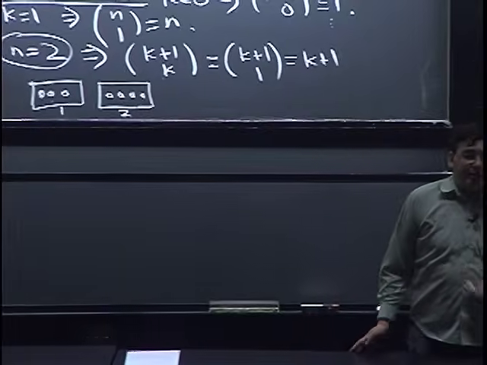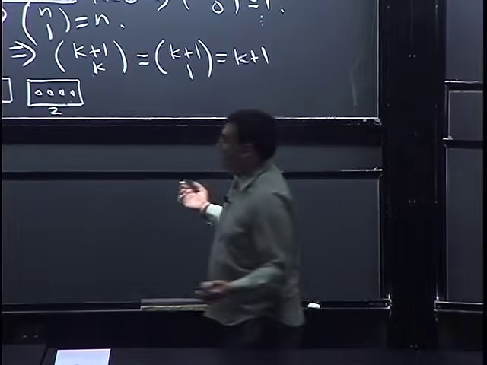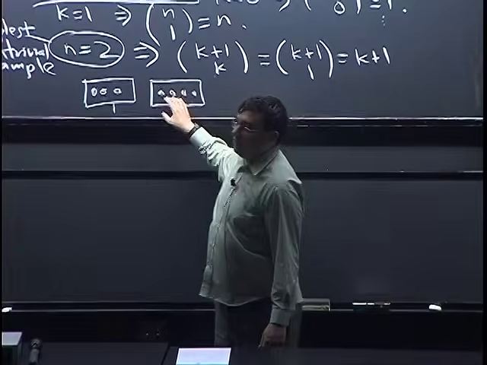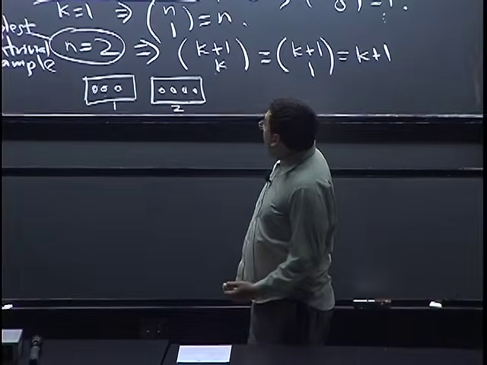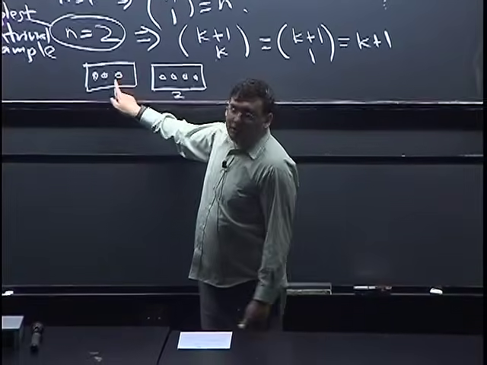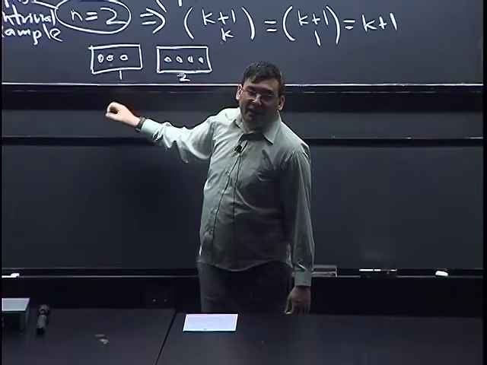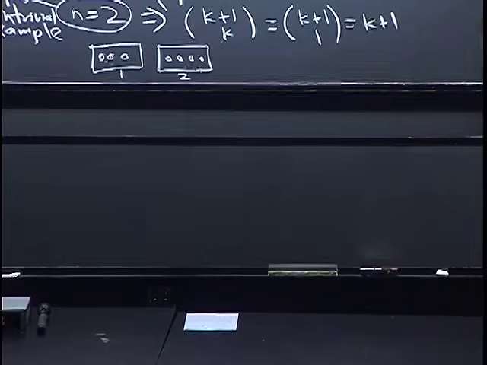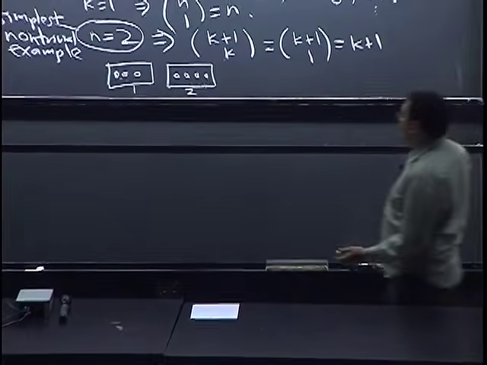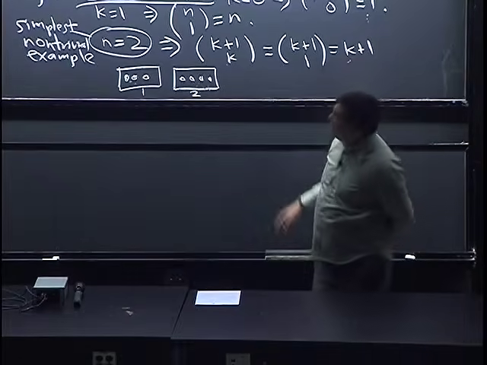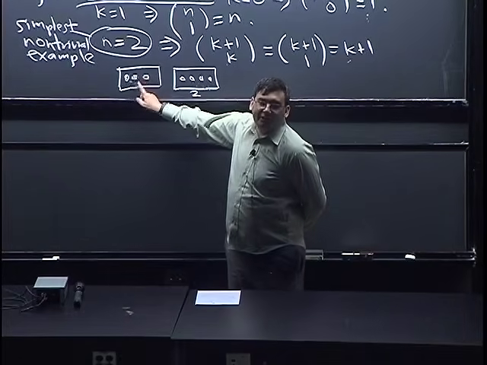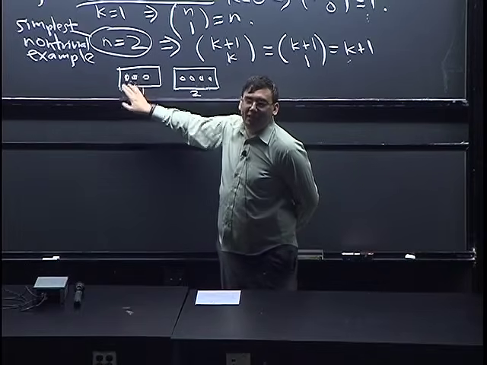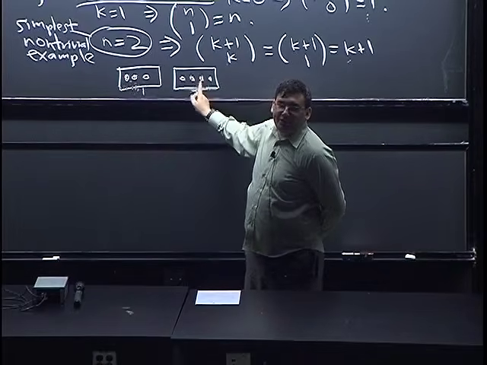Since it's with replacement, there's no restriction on how many, as long as the total equals whatever the total is supposed to be. And since order doesn't matter, I don't actually care which dot came before which dot. All I care is there's 3 dots here and 4 dots here. Now, it follows that in order to specify this result, all we need to do is say how many dots are there in this box, because if I know how many dots are in this box, then however many are left are in the other one.